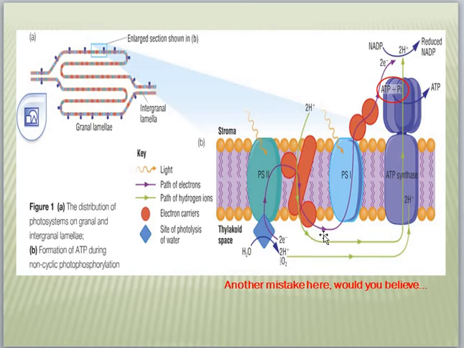So you've got a pH of around probably 4 here, which compared to around 8 on this side. All of these things put a lot of pressure on the protons to want to go back across the membrane. But they can't, apart from in one place, and that is that place, that avenue is provided by ATP synthase.